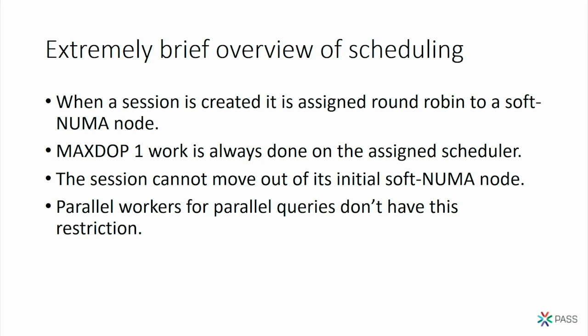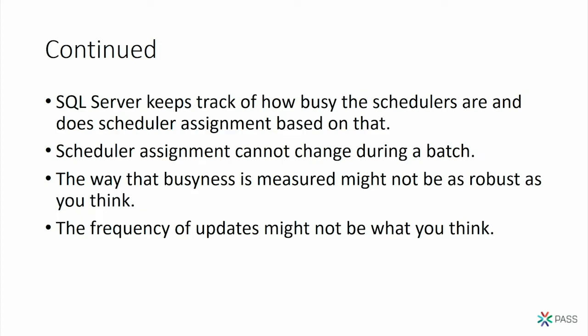The max stop work it does is always done on an assigned scheduler. The session cannot move out of its soft NUMA node. SQL Server tracks how busy schedulers are and does scheduler assignment based on that, but the scheduler assignment cannot change during a batch. And the frequency and robustness of this might not be as good as you might think or hope.